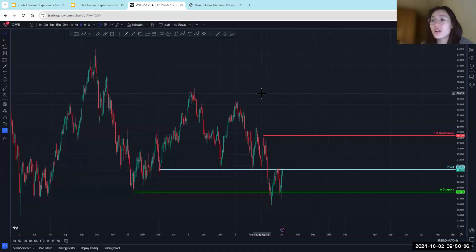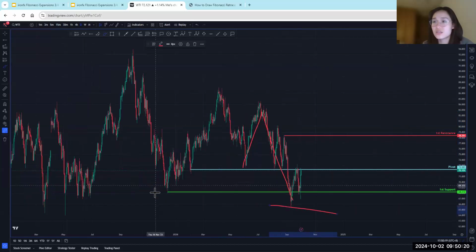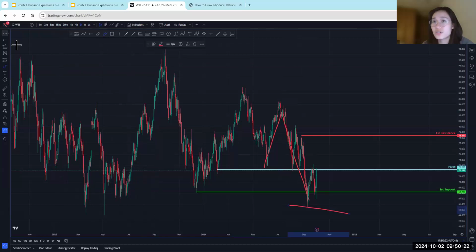Okay, so I can't really use this level, but just to show you guys, this Nike tick shape here. I can't really use it because my first support, I placed it here instead of down here. Because price has already broken out of it, I can't use it.